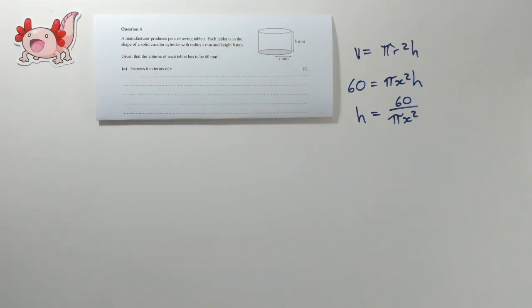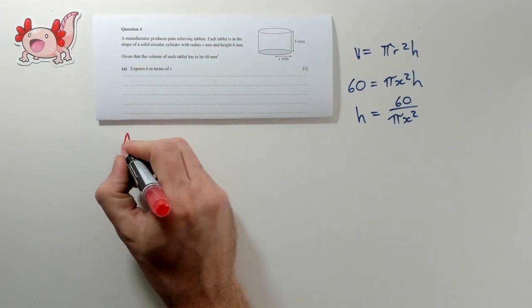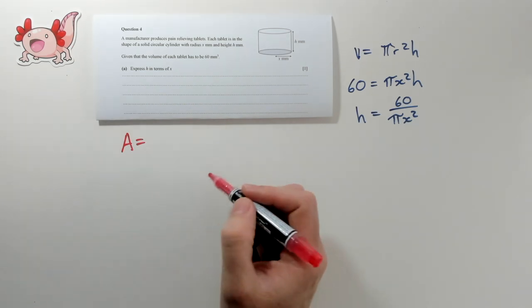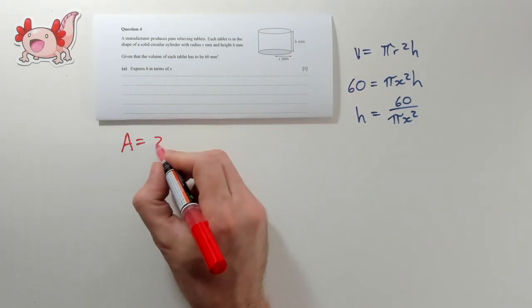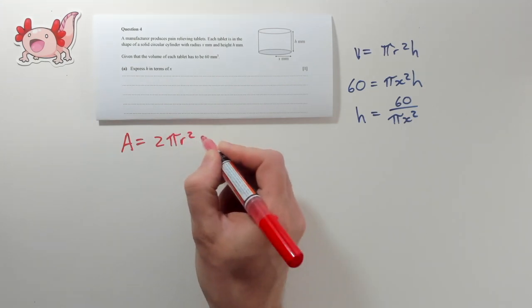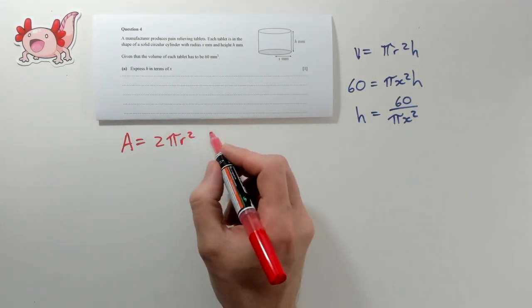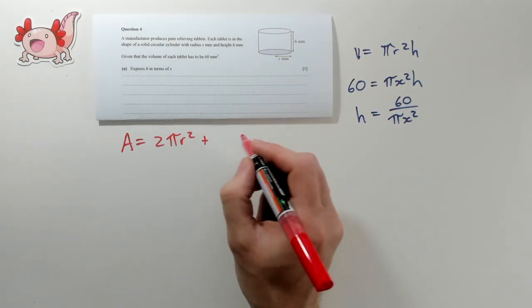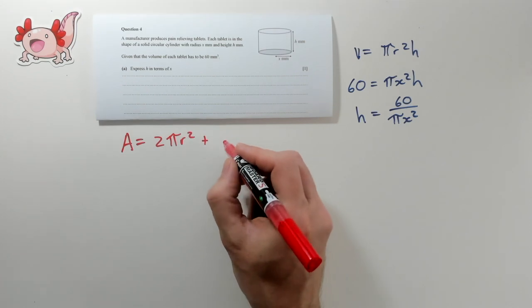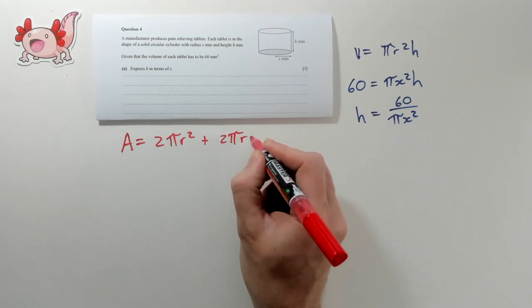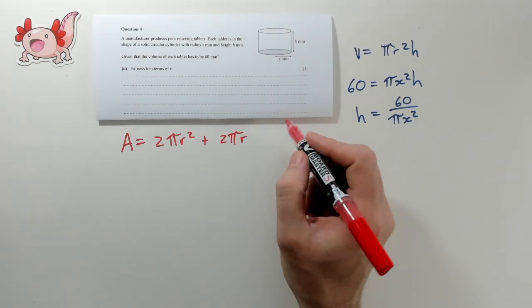So let's do a different color just because we want to be funny. We say area is going to be, so how will I find the area of this? Well, there are two circles, top and bottom, so 2 pi r squared for top and bottom. And then plus the circumference of the cylinder, which would be 2 pi r. We'll change the r's into x's now.